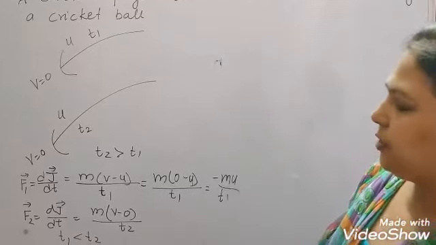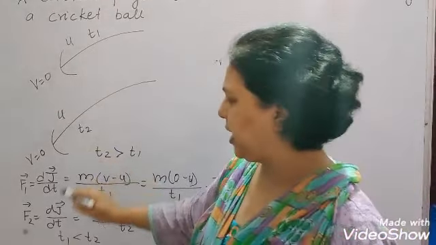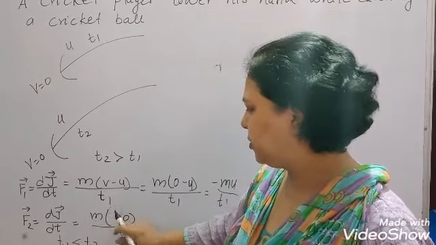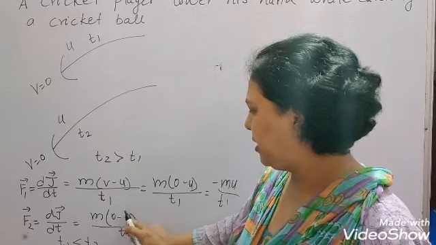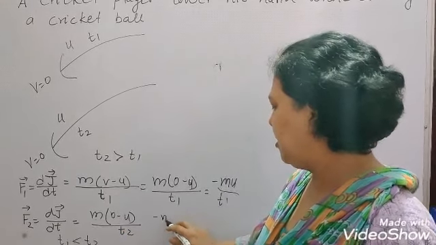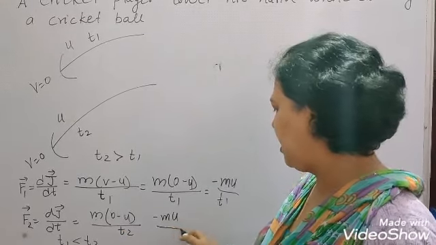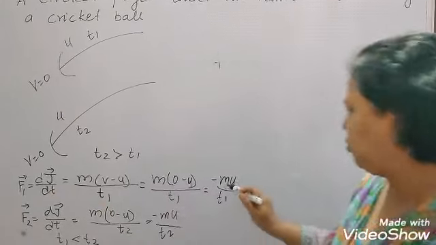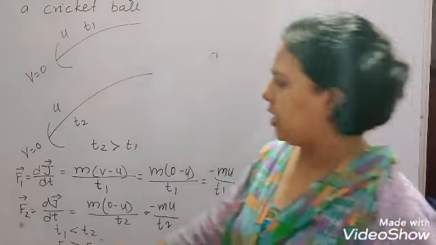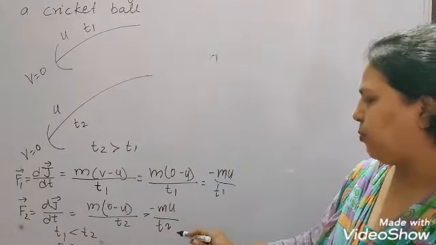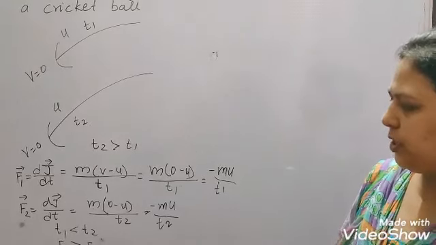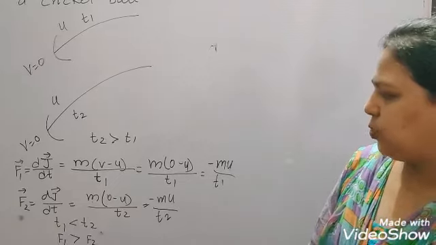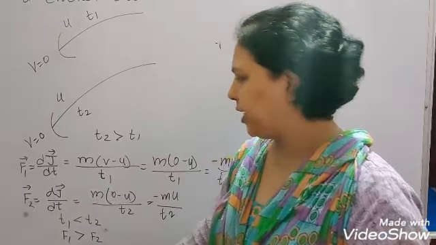In a similar way, for the second case, F2 is equal to m times 0 minus u. That means the change in momentum is the same here, only the time changes. So F1 is equal to minus mu upon t1 and F2 is equal to minus mu upon t2. Now, as t1 is lesser than t2, you can find that F1 is more than F2.